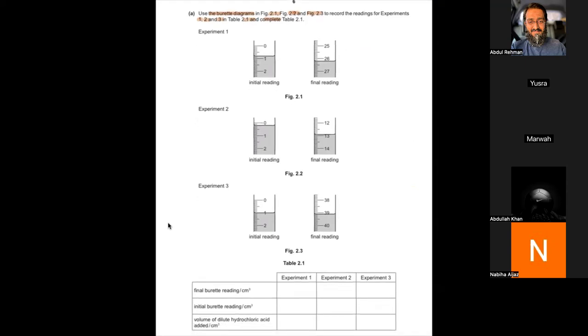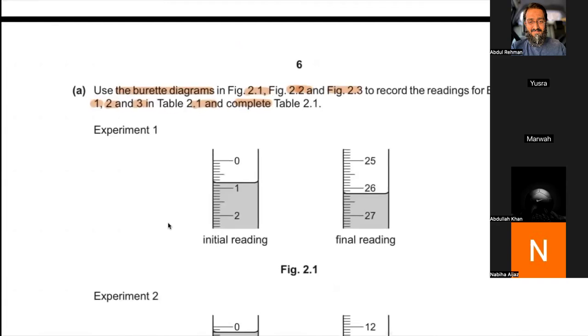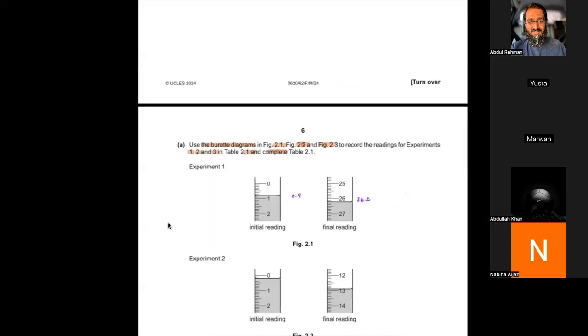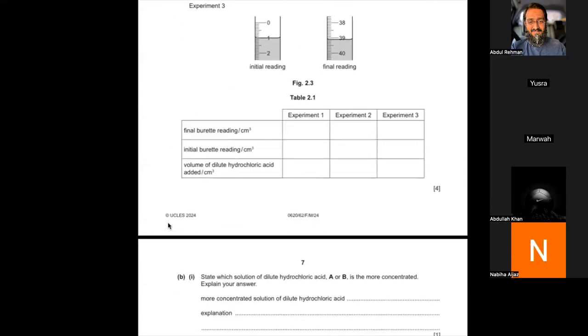So for experiment 1, if you see the final reading, can anyone tell me what is the final reading? 26.2. And the initial reading is 0.8. So 26.2 is the final reading and 0.8 is the initial reading, right?